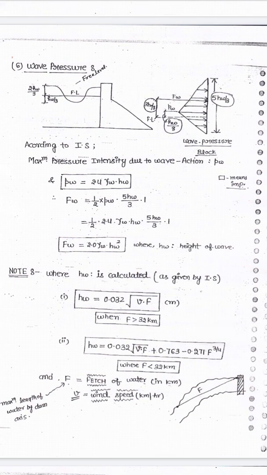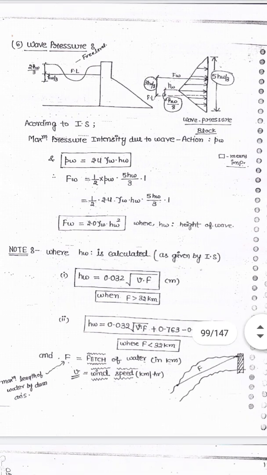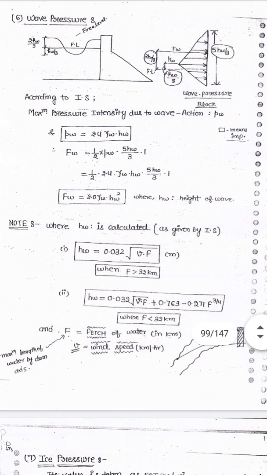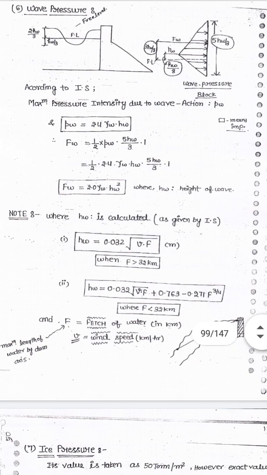Now, how to calculate the height of this wave? The height of this wave can be calculated by the following relations. There are two relations that depend upon the fetch length F. When the fetch length is greater than 32 km, then the height of wave will be 0.032 under root V into F, where V is the wind velocity in kmph and F is the fetch length in kilometers.